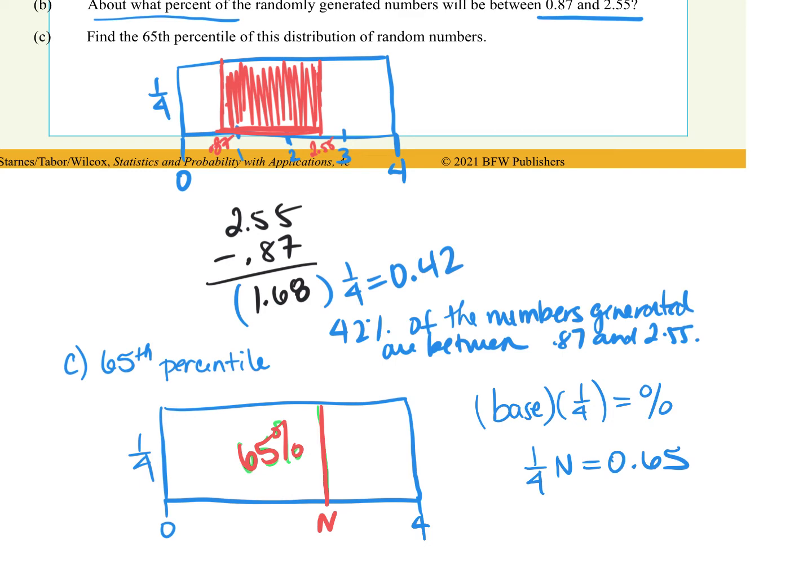I can divide by 1/4, or what's our trick for dealing with the fractions? Multiply by the reciprocal. Algebra. n equals 4 times 0.65. 2.6 is the number that represents the 65th percentile.